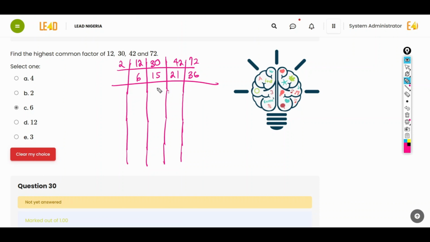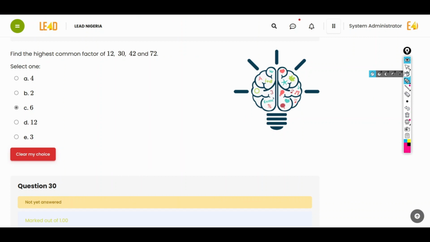We can't use 2 anymore, right? But we can use 3. All of them are divisible by 3. So we have 2, 5, 7, and 12. So there's nothing we can use to divide all of them anymore. So HCF is simply 2 times 3, which is 6.